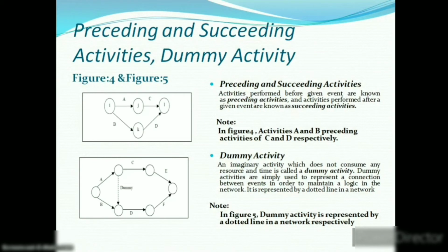This problem may be solved by using a dummy arrow. In figure 5, activities A and B have the same beginning and end points. So we introduce a dummy activity to maintain the logic of the network diagram. It is represented by a dashed arrow.